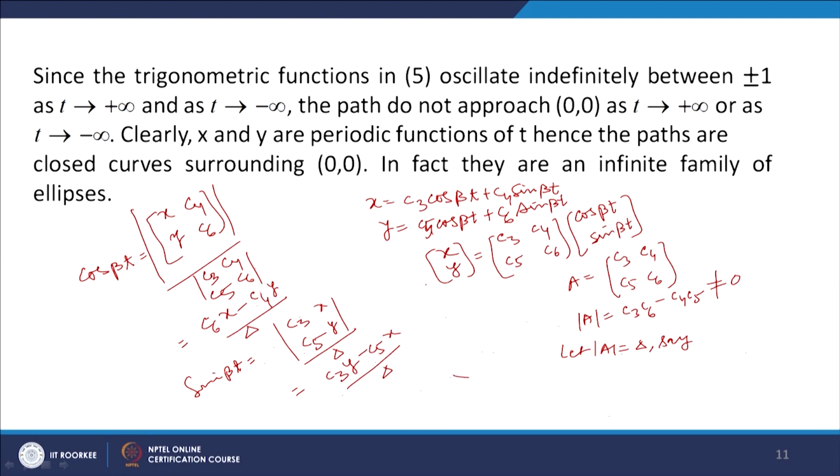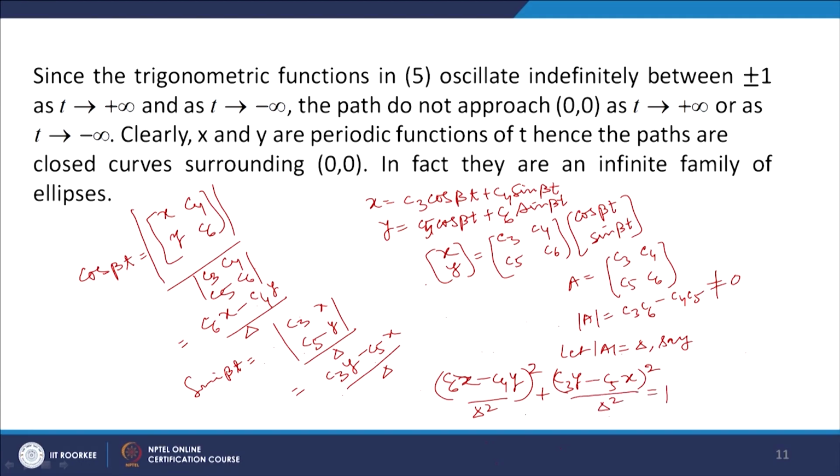So, we have (C6x minus C4y) whole square over delta square, plus (C3y minus C5x) whole square over delta square, and this is equal to 1.